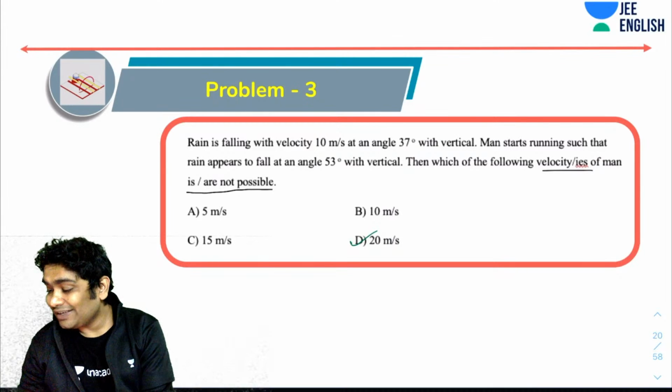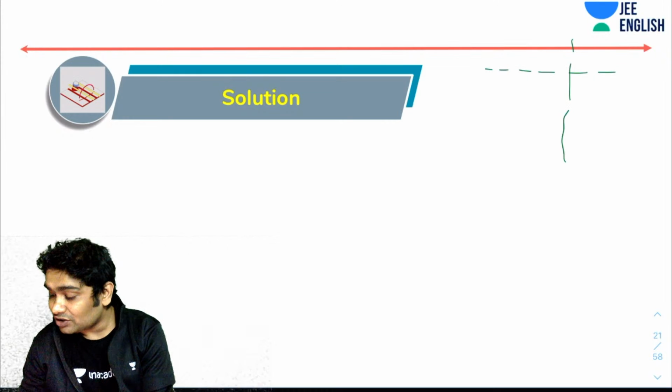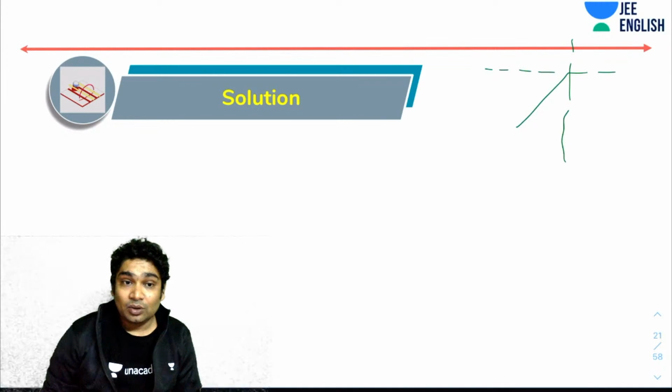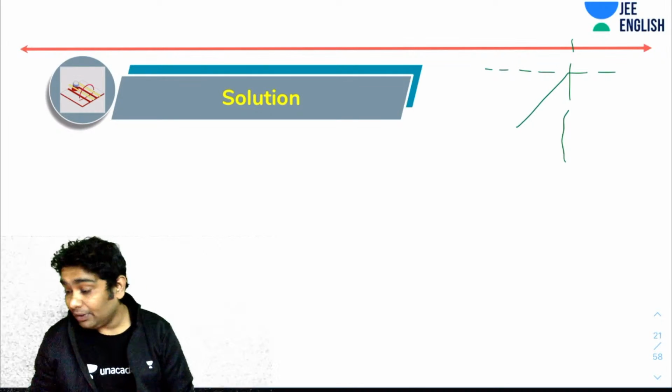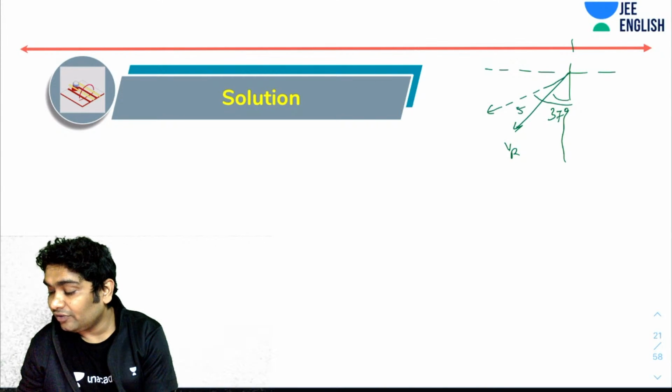Okay, let's draw that. Let's have a horizontal and a vertical. The actual velocity of rain is like this, at 37 degrees with the vertical. Now the apparent velocity has been told to you as 53. The apparent velocity should make an angle of 53.